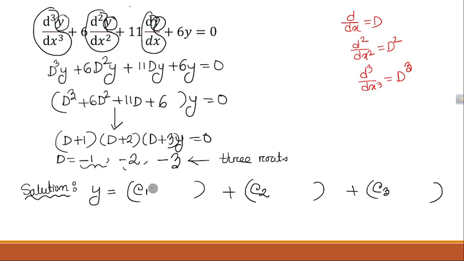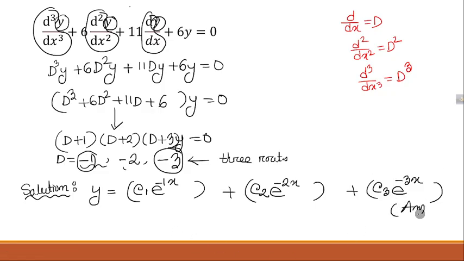Then you will have e, and plug this root in: e to the power minus x, then minus 2x, then minus 3x, and this is your answer.